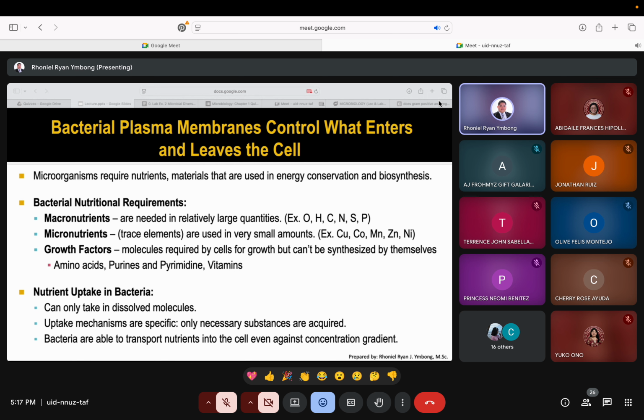So in terms of nutrient uptake in your bacteria, these are the three highlights, no, or important concepts to take note. First one is that your bacteria can only take nutrients from the environment that are dissolved in water.